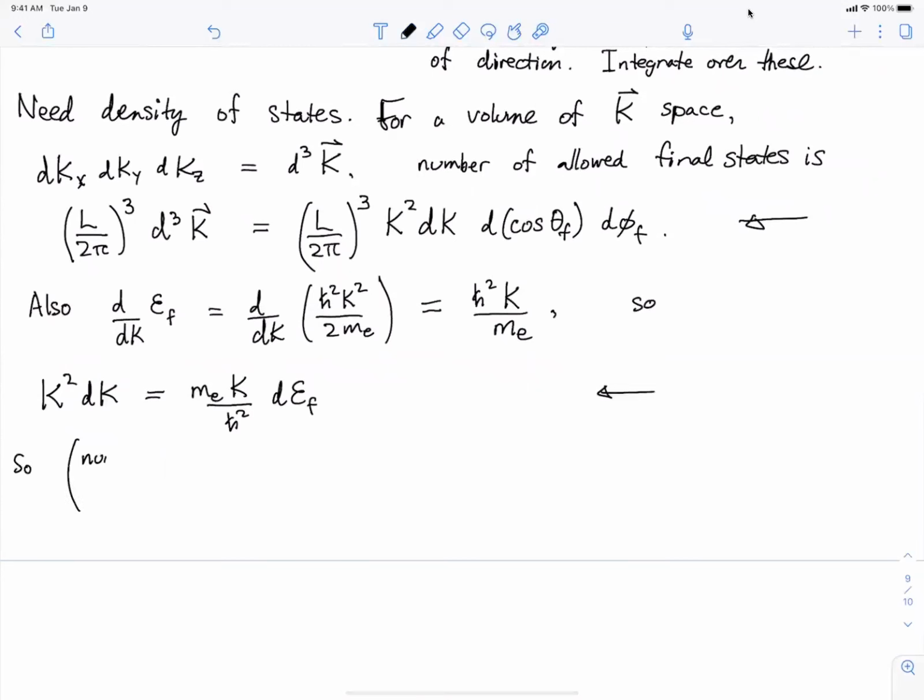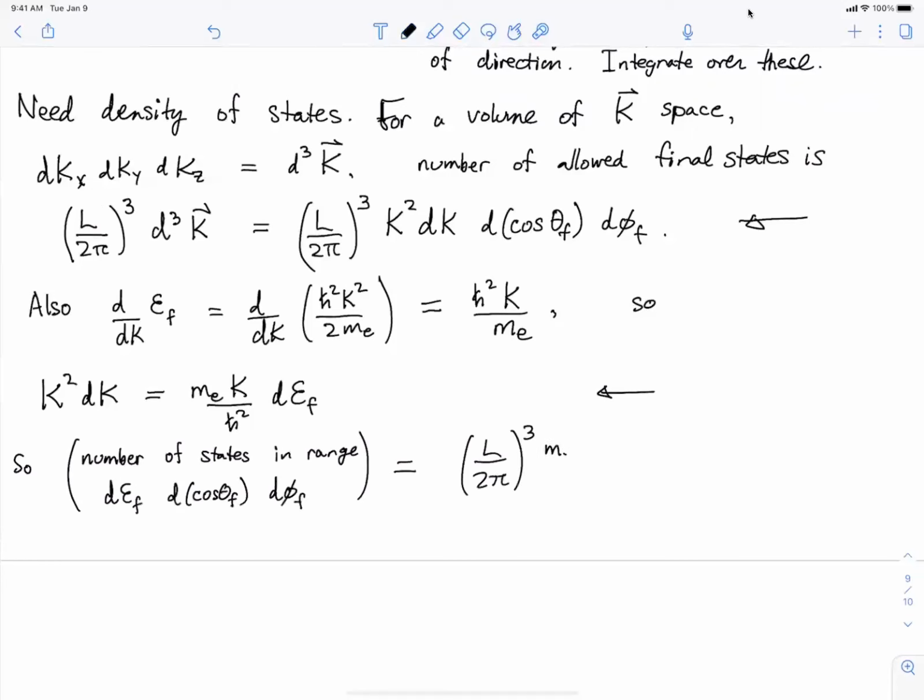The number of states in a range of differentials, so differential in final state energy, differential in the cosine of the angle of the final state electron, and the differential in the phi direction of the final state electron, is equal to L over 2 pi cubed m_e K over h bar squared.